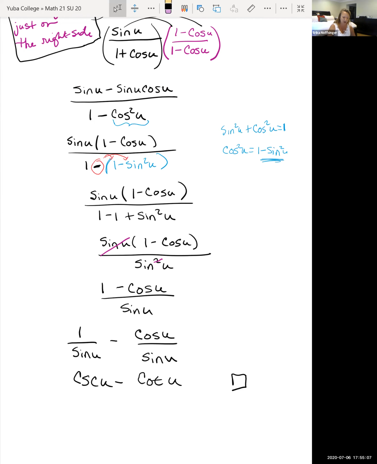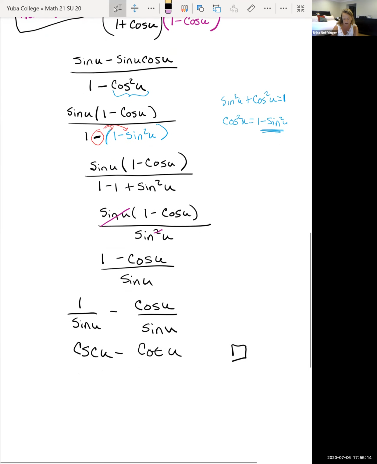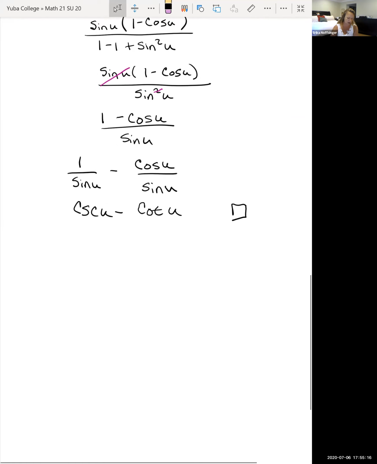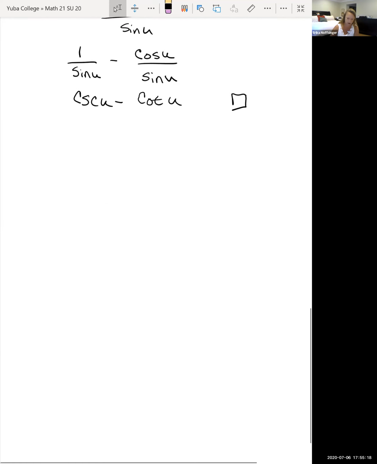One of the most common errors students make on this section is moving things to both sides, and that's not going to work. So this is all this section is doing, going through and manipulating.